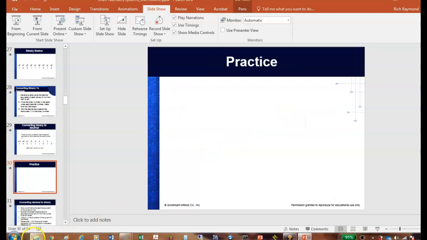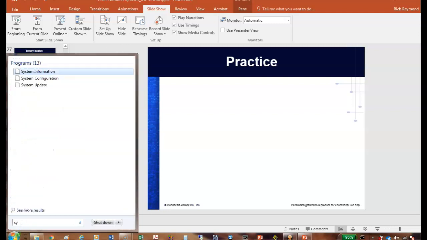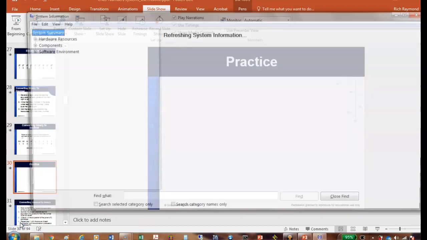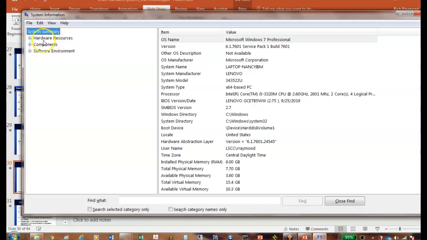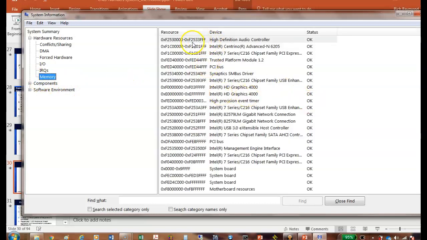So, you know, if you came up here, so this is system information, and we're going to come up here and look at hardware, and we'll just look at memory. So this is the actual memory layout of this computer, and these are addresses. Think about that binary number.